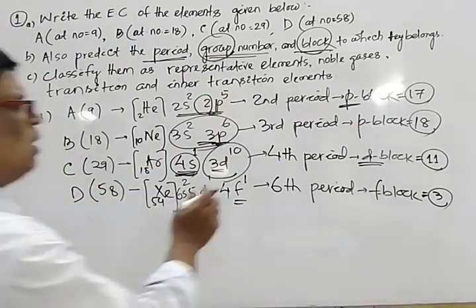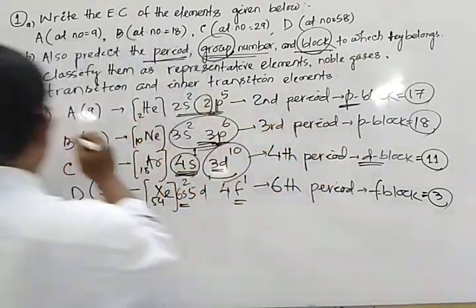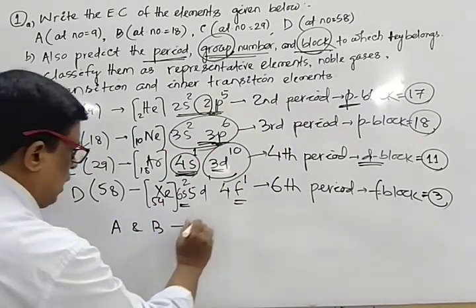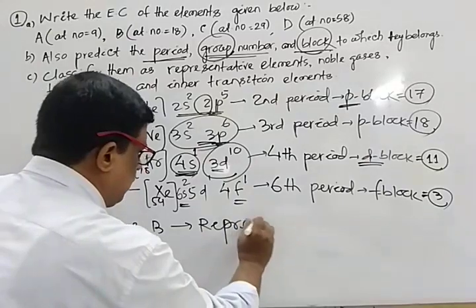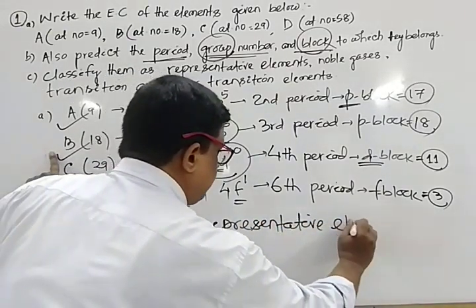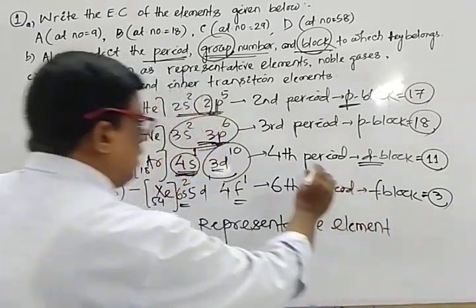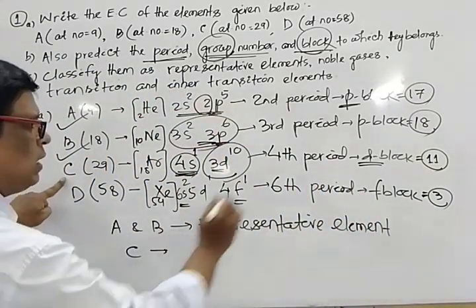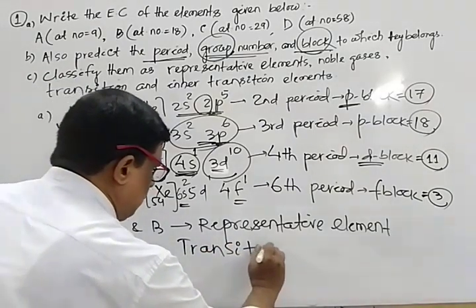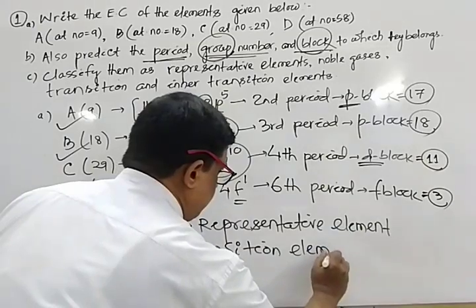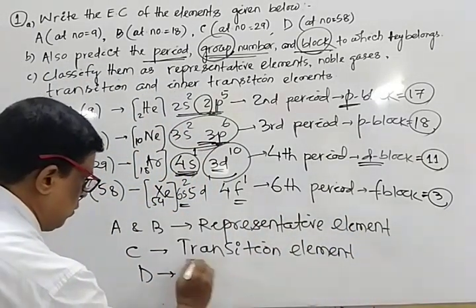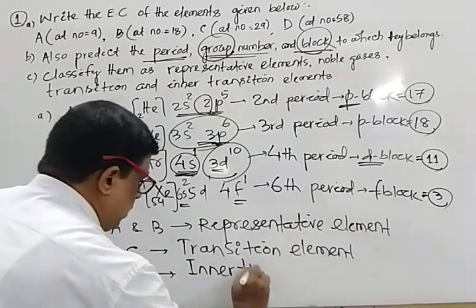So, as it is a P block, A and B belong to P block, so A and B are known as representative elements. And C, as it is a D block, is known as a transition element. And D belongs to F block, so it is known as an inner transition element.